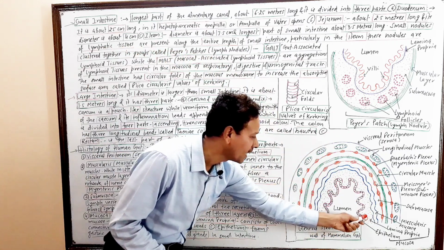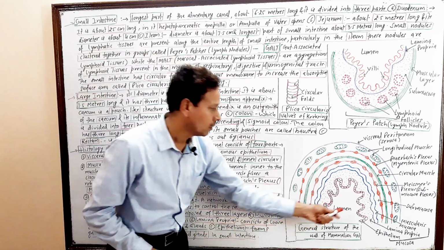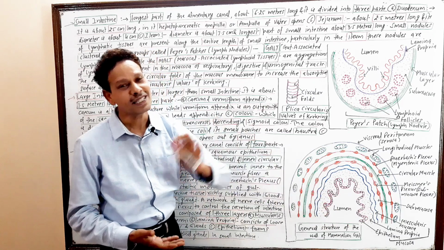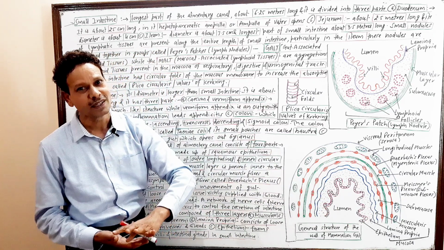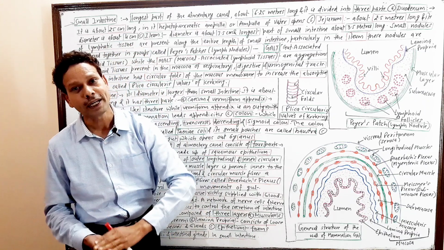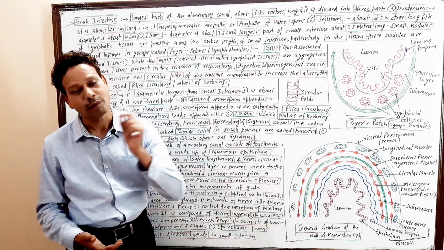The inner lining over the lumen cavity of the gut is the epithelium, and it produces gastric glands in the stomach, while in the small intestine it produces intestinal glands and villi.